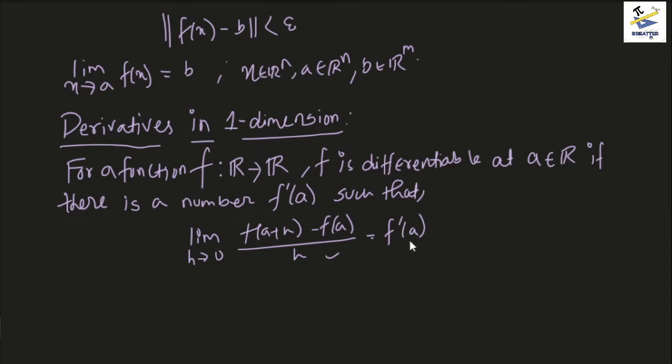Let me just write down the definition for the one-dimensional case. So this limit, which is denoted by f dash a, is basically called the derivative of f at the point a, and that is how we used to find derivatives, right?